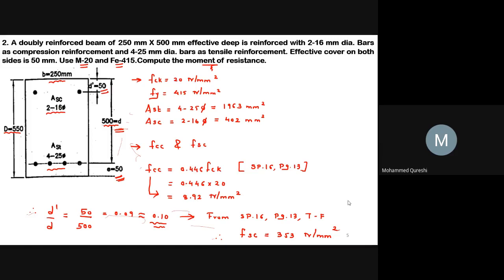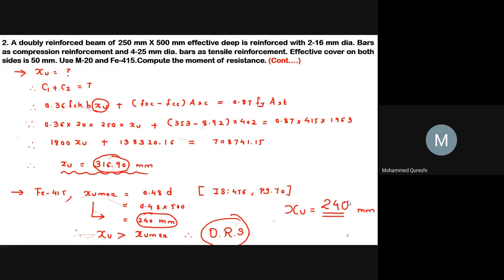After calculating FCC and FSC, you have to check the depth of neutral axis. That is, from the equation C1 plus C2 equals T, you have to calculate the value of XU. After calculating XU, you have to check the value of XU max using IS 456-2000 page number 70, based on the characteristic strength of the steel grade.